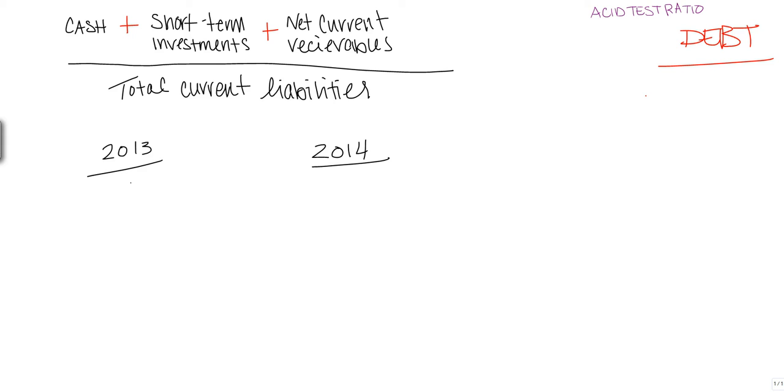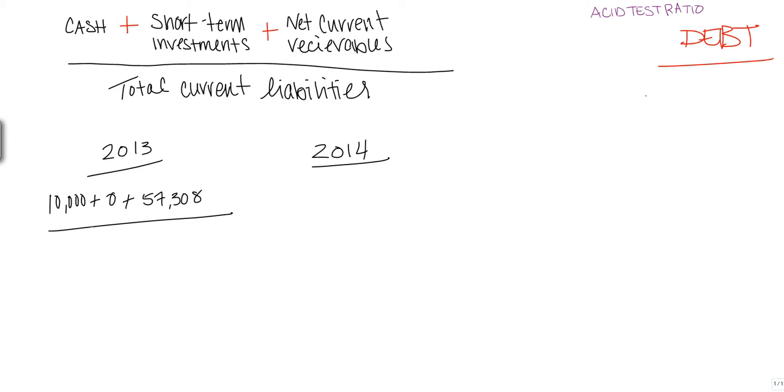Let's say that in 2013, our cash on hand was $10,000. Maybe that's when we started the company, maybe it's not. We had no short-term investments, and we had $57,308 worth of net receivables currently.